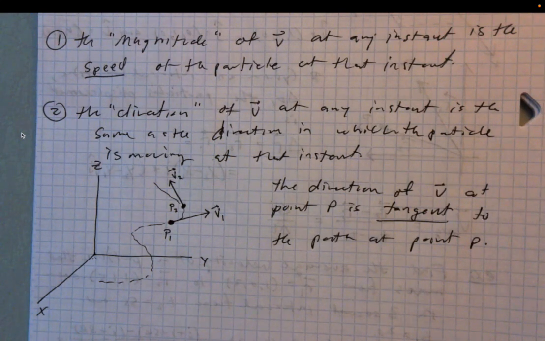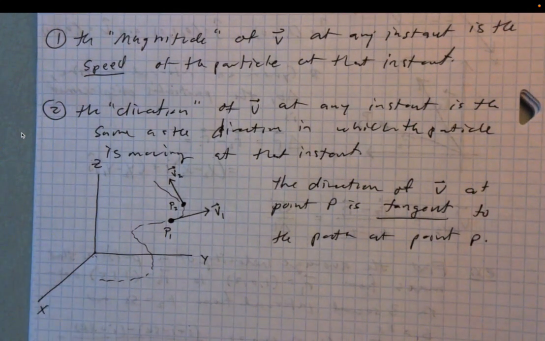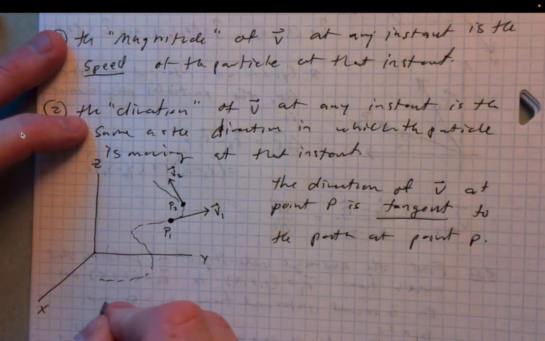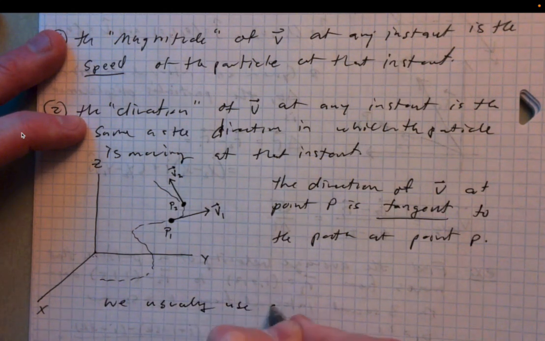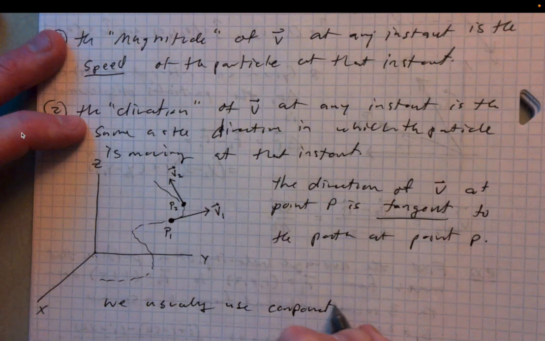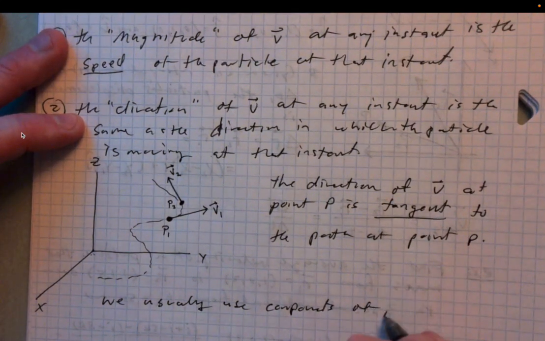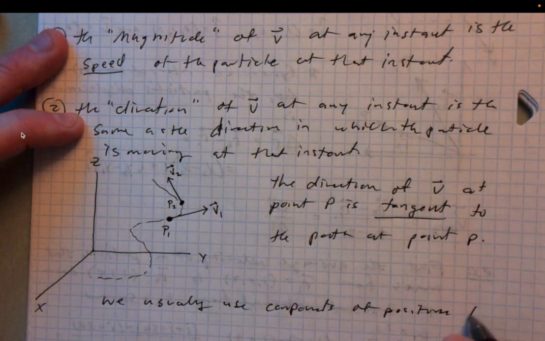Okay, very good. So moving on, it's usually easiest to calculate instantaneous velocity using the components. So we usually use components of position to calculate velocity.